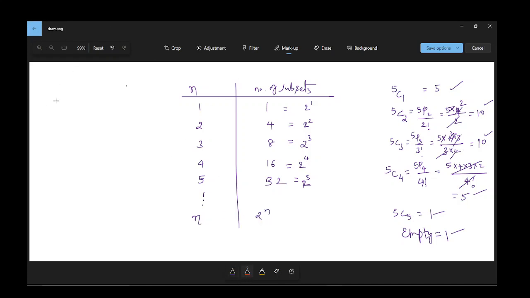It means if a set has p elements, then the number of subsets is 2 power p. Very, very important fact.